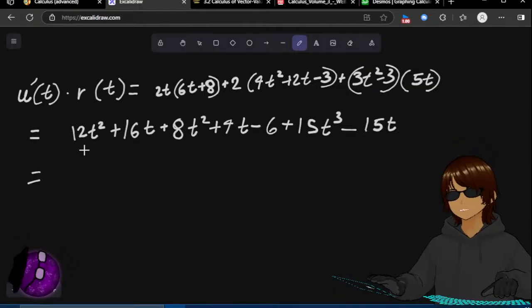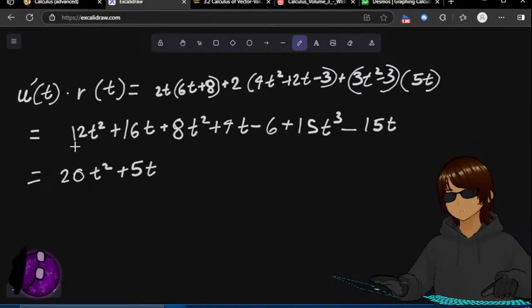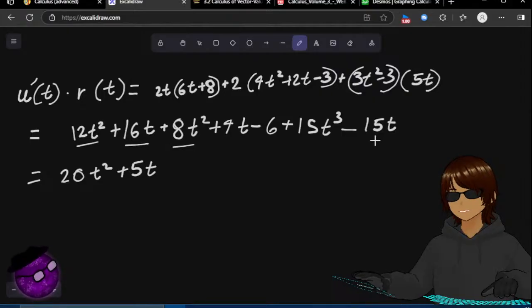So what are all the squares? We have 12 and 8. So 20t squared. We have 16 minus 15. So 1 and then plus 4. So 5t. Right? Did this, and we did 16 minus 15 plus 4.